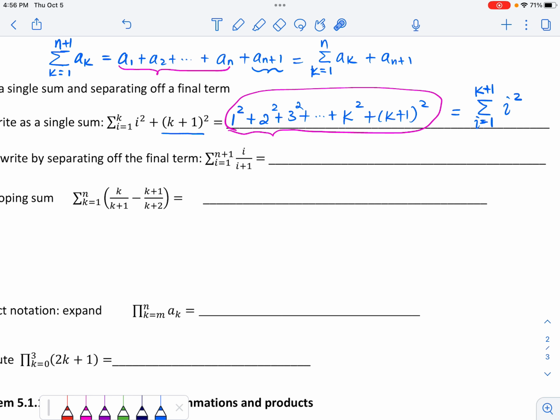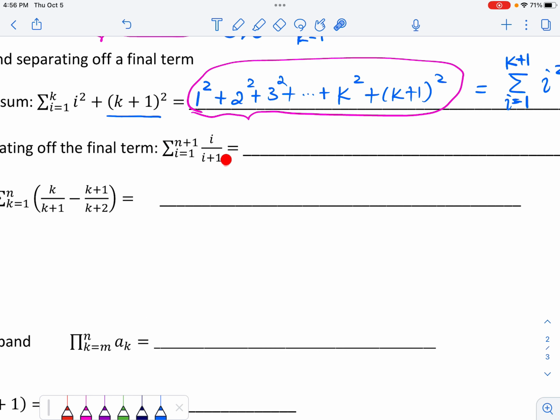Now let's do the backwards. Let's separate off the final term here. Again, sometimes if you're not that proficient at the moment, writing it in expanded form will help. So when i is 1, this is 1 over 1 plus 1, plus when i is 2, which is 2 over 2 plus 1, when i is 3, which is 3 over 3 plus 1, and so on and so forth. Each time it increases by 1.